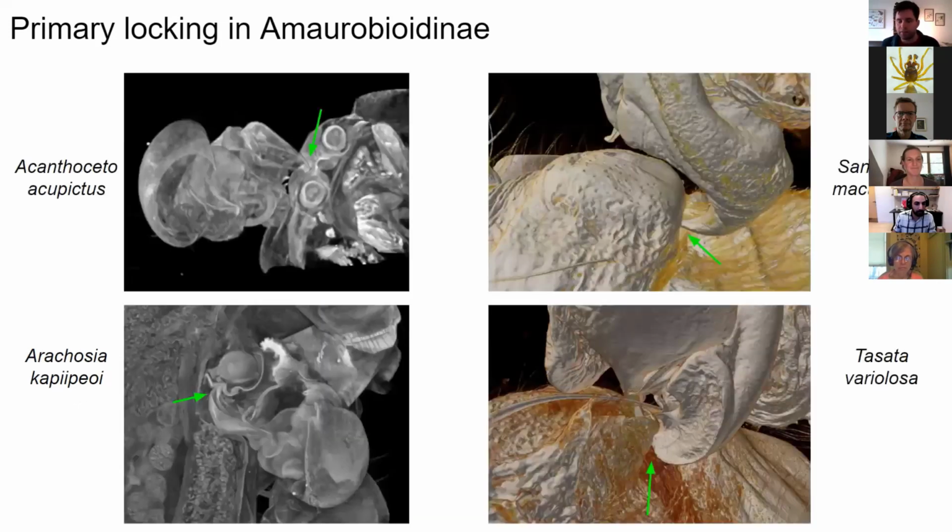As I was saying, this was really conserved. In all the Amaurobioidinae studied, they all have these hook-shaped conductors with really subtle variations, and they all achieve primary locking in the same way, by locking it in the ipsilateral copulatory opening.